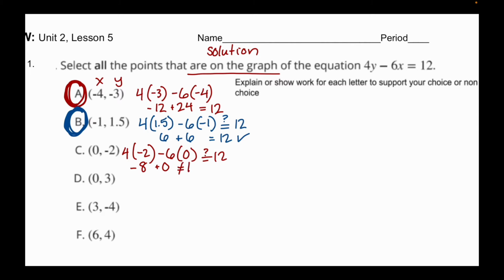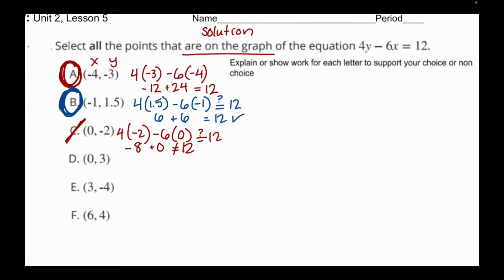This is not equal to 12, so it is not one of our answers. And we're going to do the same thing for D. So 4 times 3 minus 6 times 0, is that equal to 12? 4 times 3 is 12, and then this is plus 0. Yes, that equals 12. So D also is one of our answers.